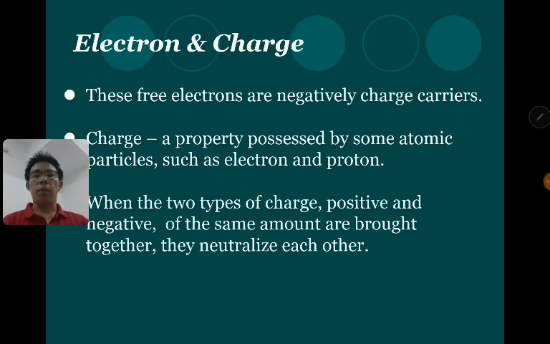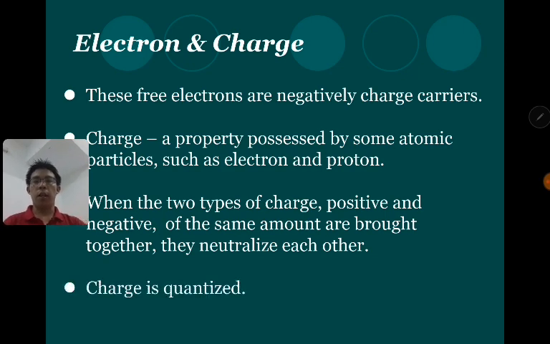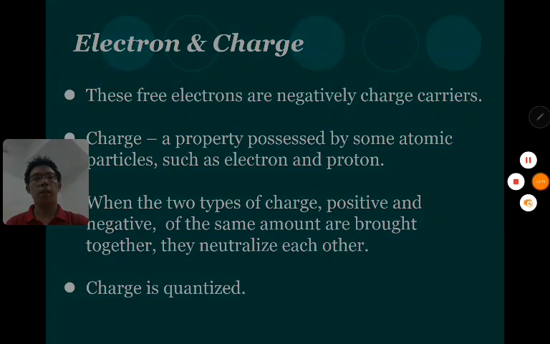When these two types of charge are placed together in the same amount, they neutralize each other. One more thing you need to know about charge is that it is quantized. What does quantized mean? I'm going to describe an experiment in the next slide before we talk about what quantized means.